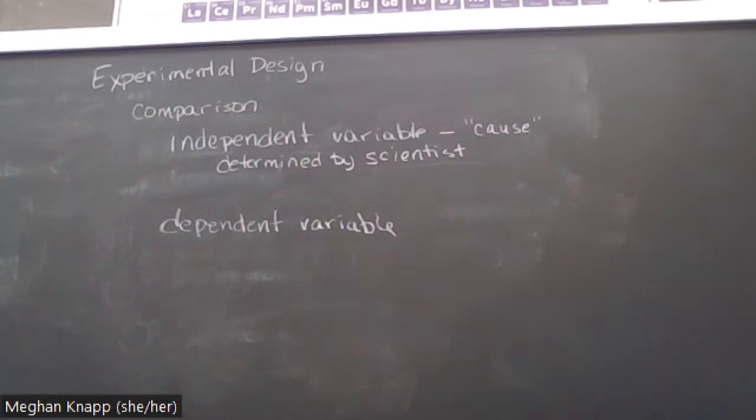Or I might say, what is the dose of your medicine? Do I give you 5 milligrams? Do I give you 10 milligrams? Do I give you 20 milligrams? Okay. So I might say, my independent variable is my dose of my medicine. Then my dependent variable is the effect. What happens when I take that medicine?